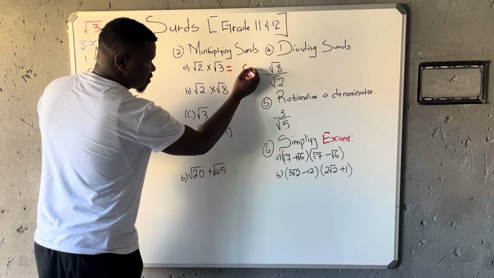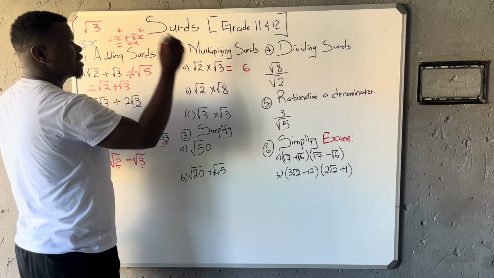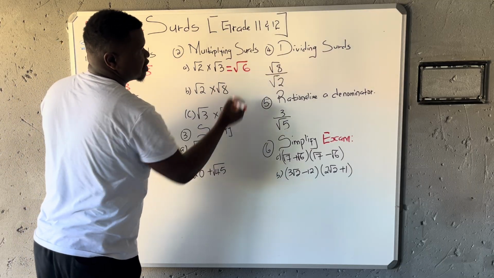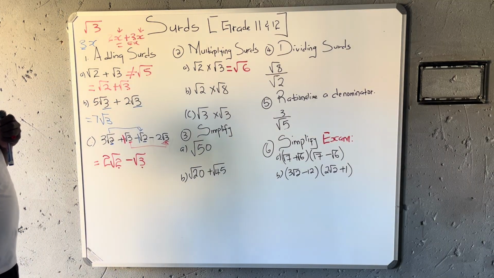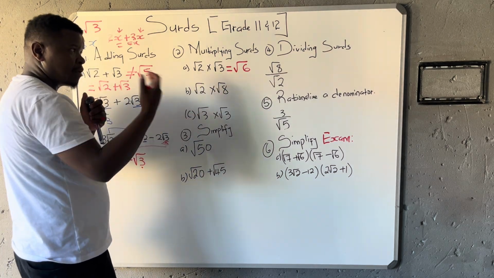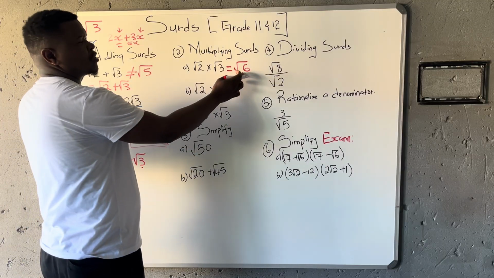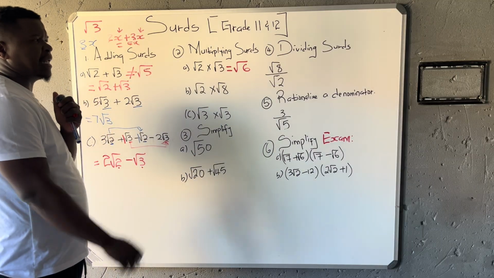It gives us a 6. However, because they both have a square root, I'm still going to put them inside the square root. The only thing I can do, if this number was a perfect square, is proceed and simplify even further.